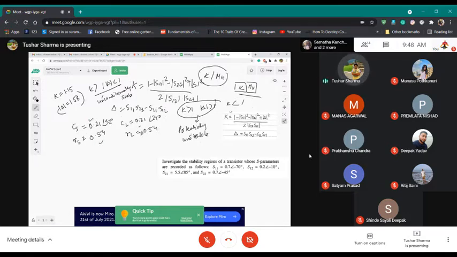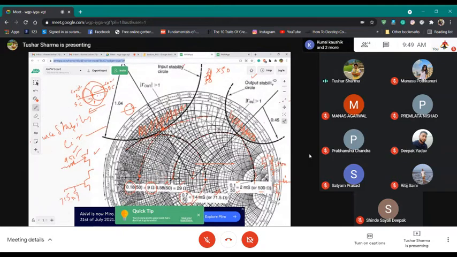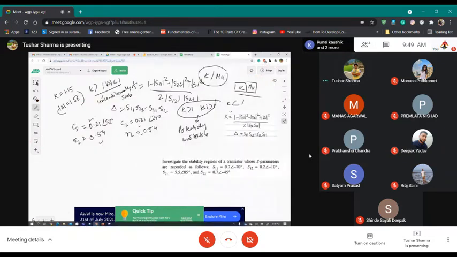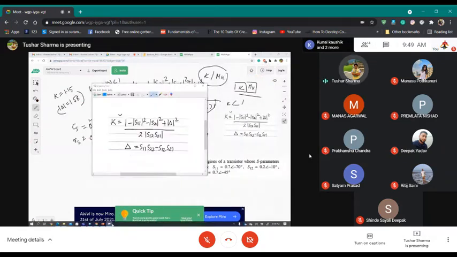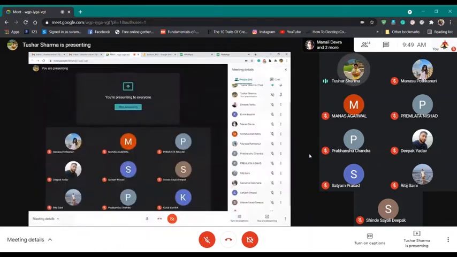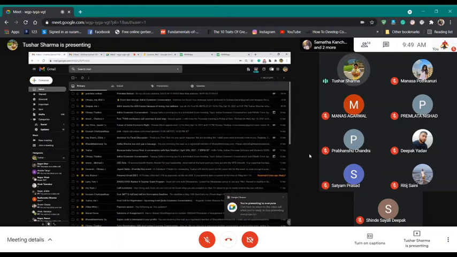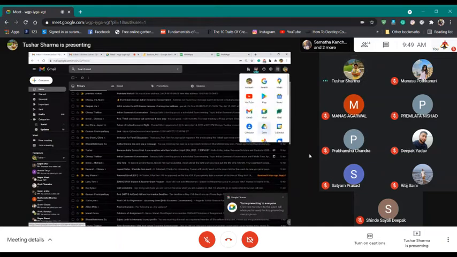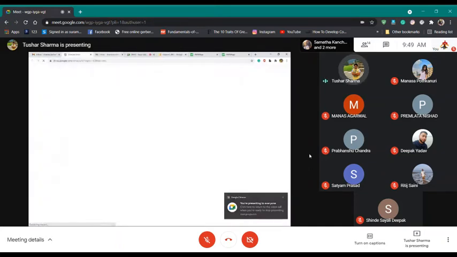Now we will do the same thing. Get a Smith chart. I don't know where my Smith chart is today for some reason. It doesn't like me. Maybe I can quickly see if I can find it. It was on the Google Drive, right?